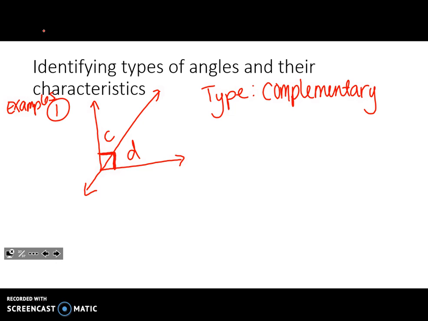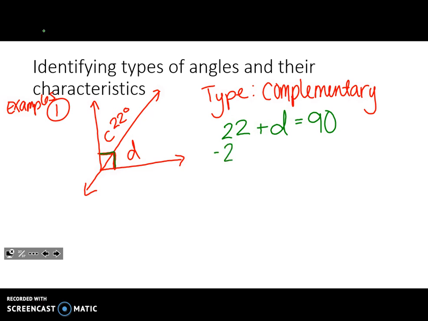Then they're going to take that one step further and tell you one of the angles. So angle C is 22 degrees. You need to set up the math problem. If you take 22 plus angle D, that should equal the 90-degree angle by adding those together.